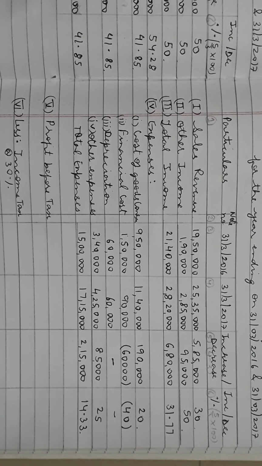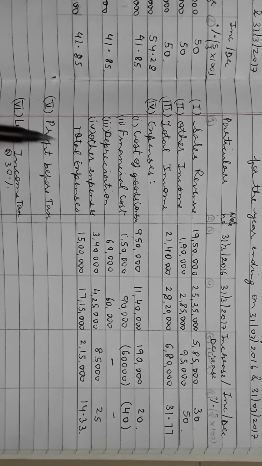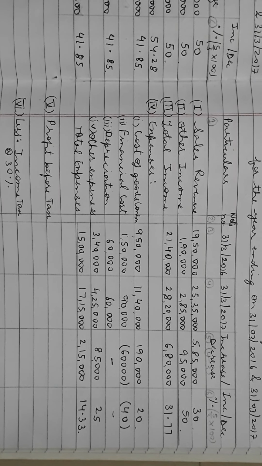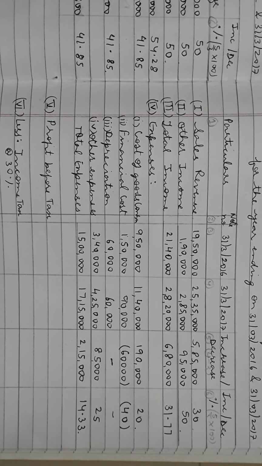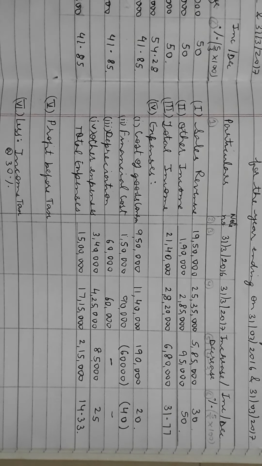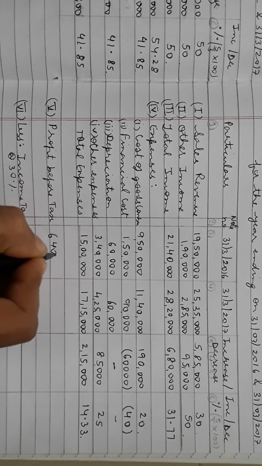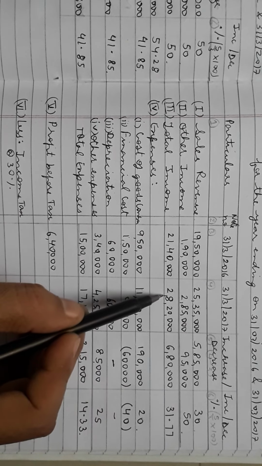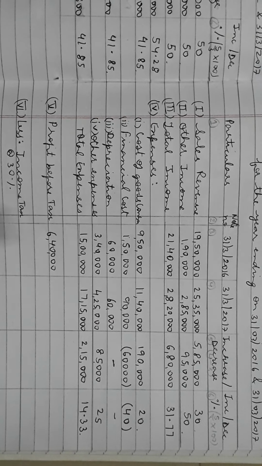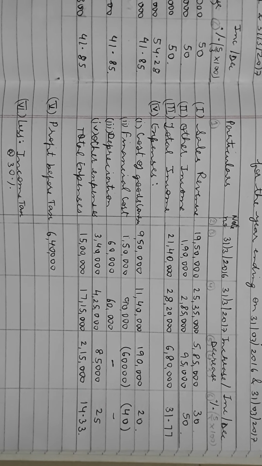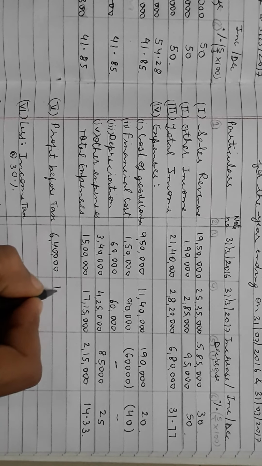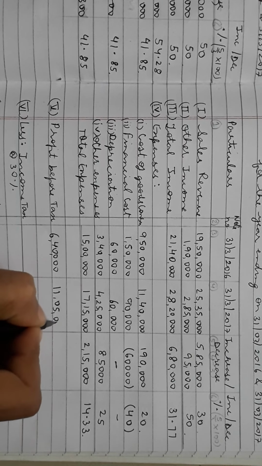Now profit before tax. How will we calculate the profit before tax? Total income calculated here minus total expense, that is 21,40,000 for 2016 minus 15 lakh, that is profit before tax 6,40,000 for 2016, and similarly for 2017, 28,20,000 minus 17,15,000, so that comes 11,05,000.